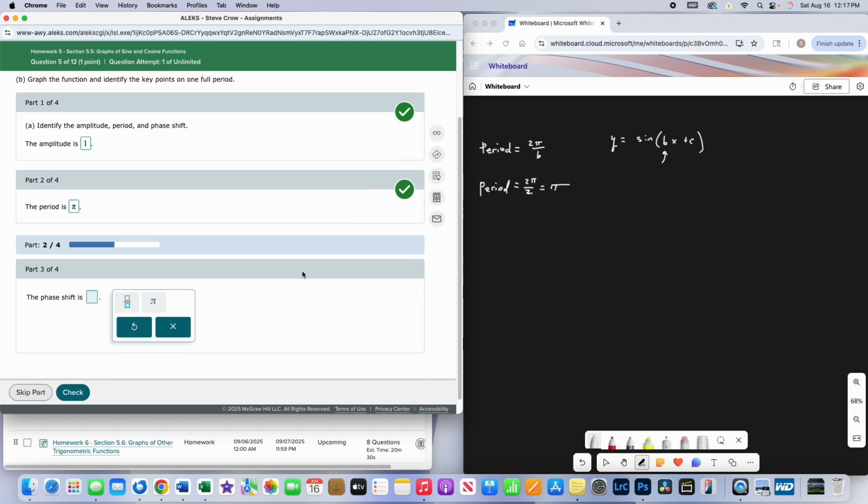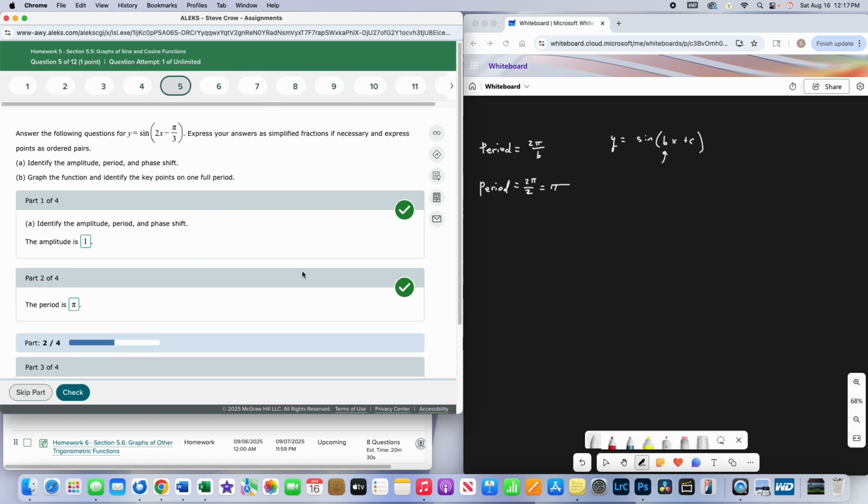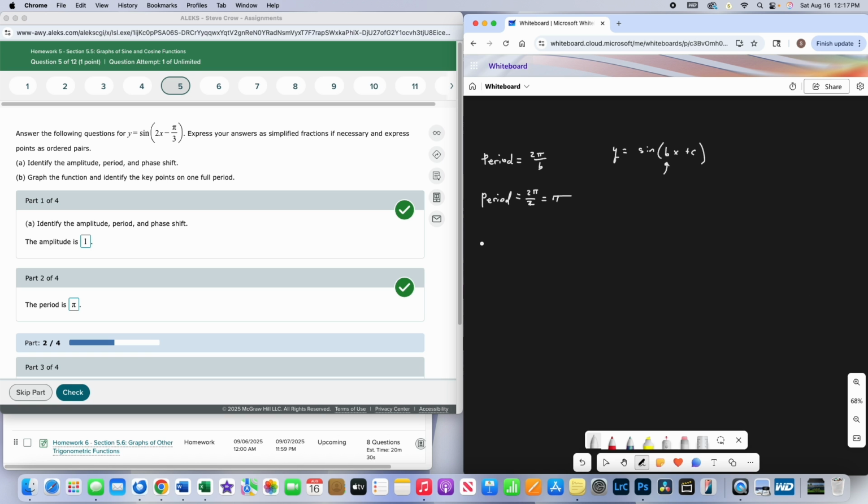And then they want the phase shift. Well, for the phase shift, you see this part up here where you're taking the sine of the 2x minus pi over 3. In order to find the phase shift, I know they give you c over b or minus c over b, depending on if you have a plus or minus sign here.